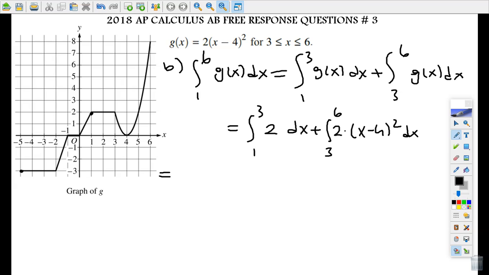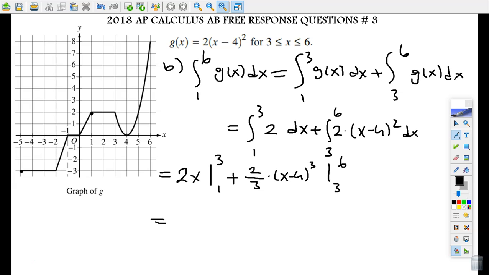The first definite integral will be equal to 2x from 1 to 3. The second definite integral is going to be equal to 2/3 times (x minus 4) to the power of 3 from 3 to 6. I arrived at this answer through u substitution. If you apply the u substitution, you end up with this expression.